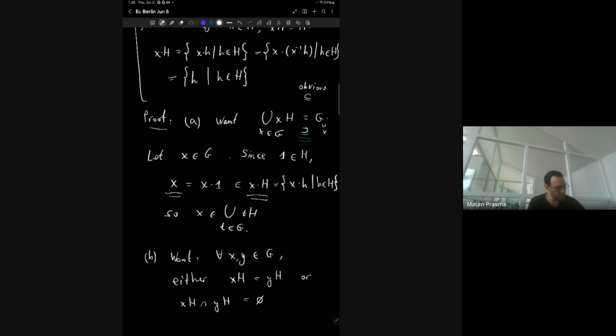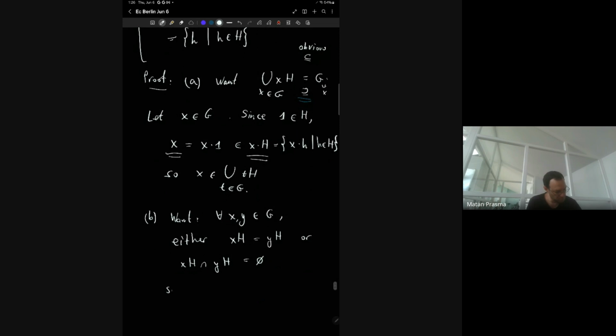So suppose xH intersection yH contains an element alpha.